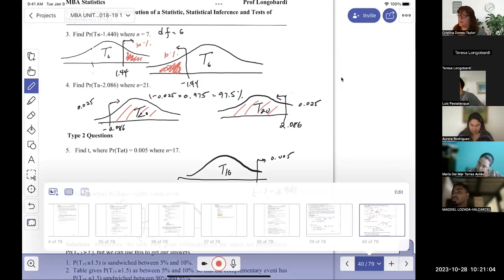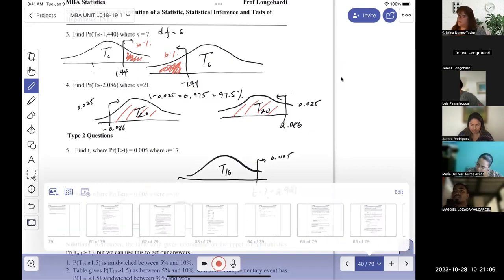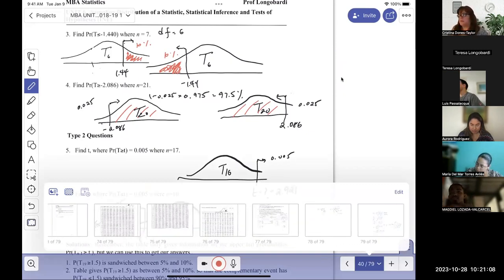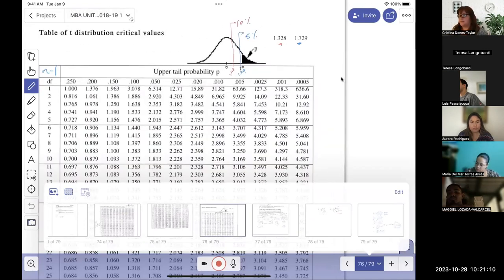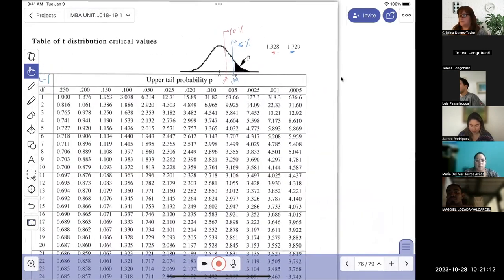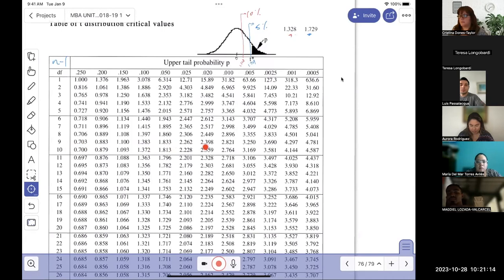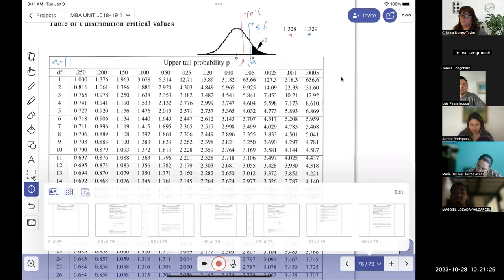Exactly. 3.25, but on the left side, on the negative side. Thank you.